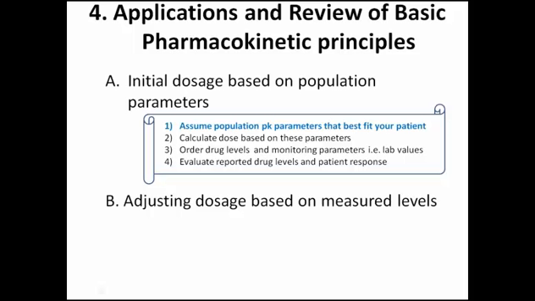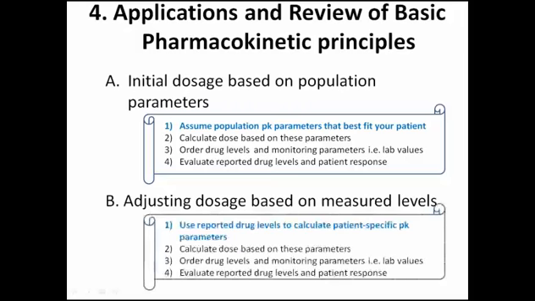If we have a level that we do not desire, then we need to adjust the dose, and this process must be preceded by estimating the actual patient parameters, not the population parameters that we have used before.